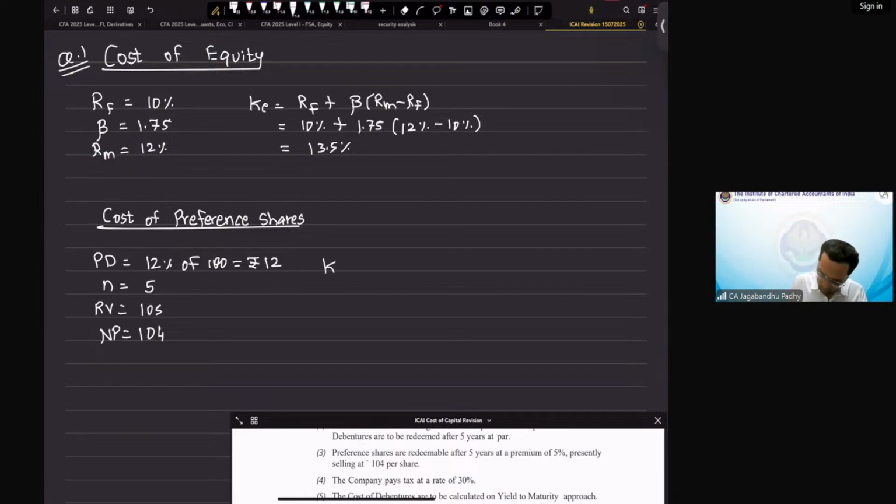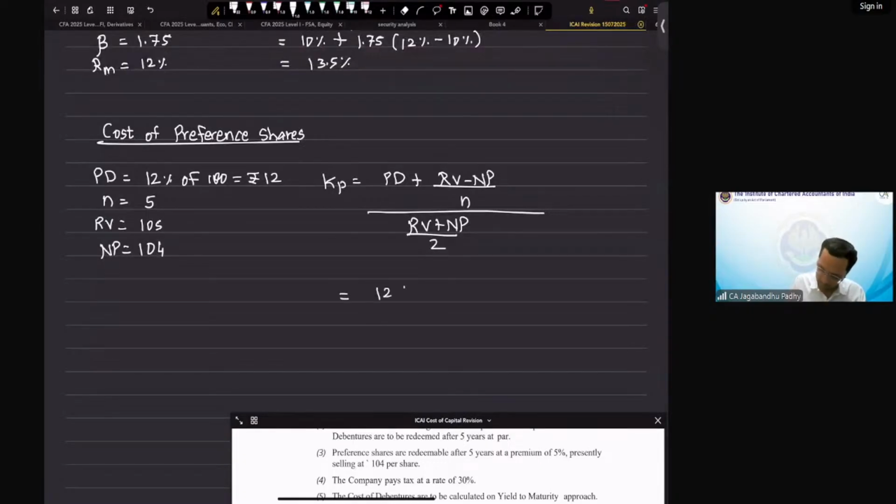We can definitely calculate the cost of preference shares as preference dividend plus redemption value minus net proceeds upon number of years, the whole divided by the redemption value plus net proceeds by 2.